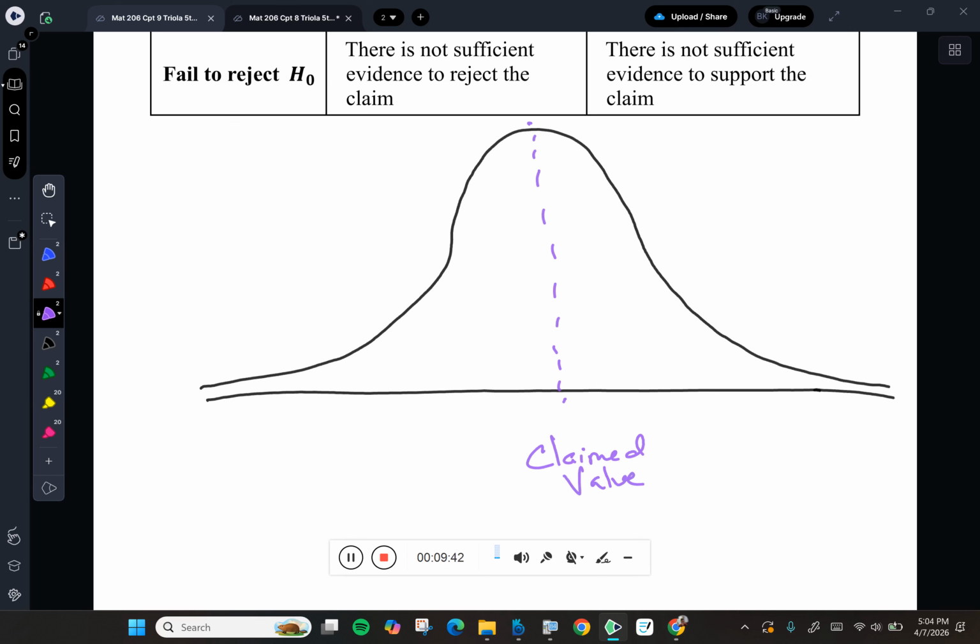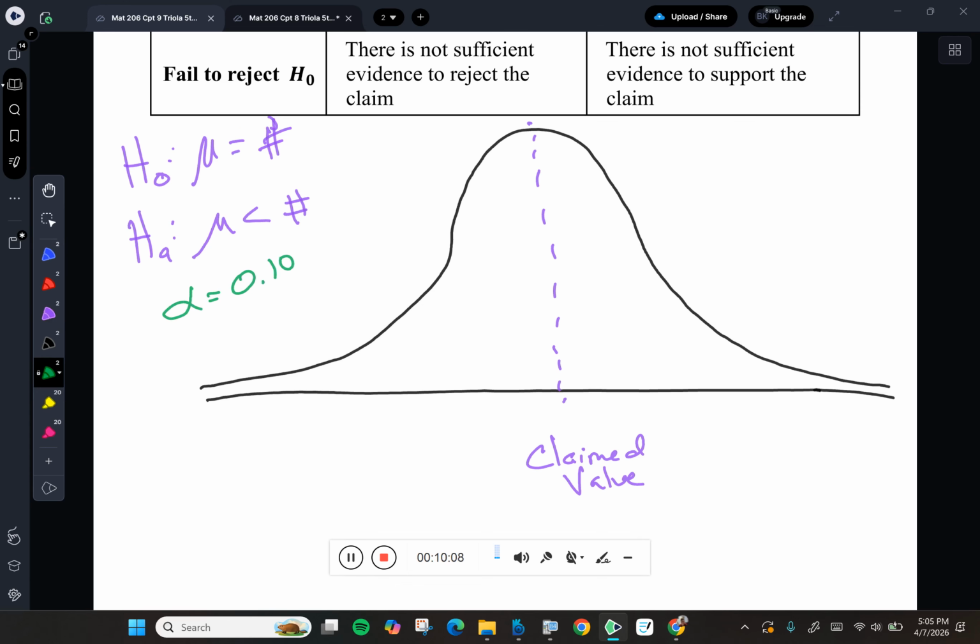I am going to draw this example out based on the following pair of hypotheses: that mu is less than some claimed value, or that mu is equal to some claimed number.